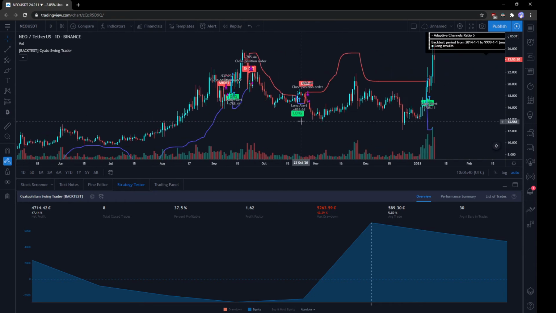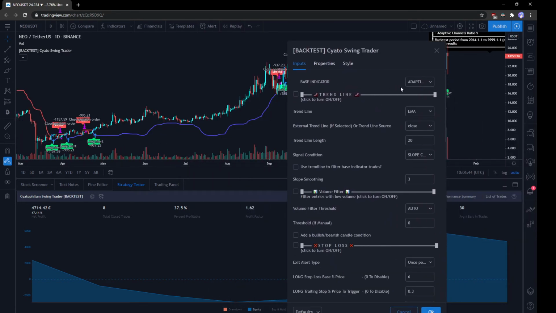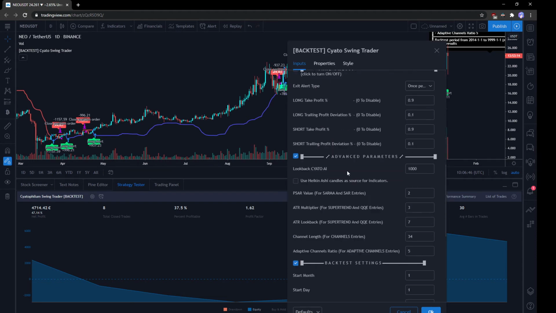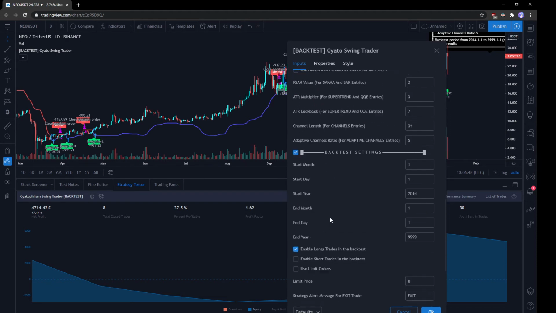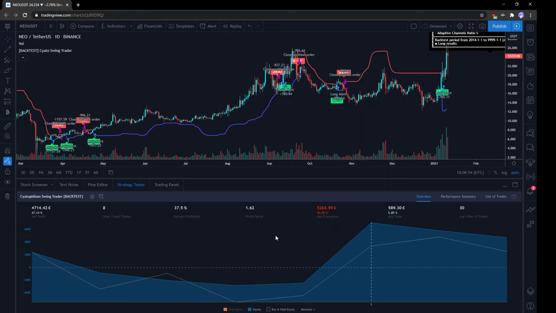So now we just need to find a nice time frame. Here we're going long only. We want to beat buy and hold, so this is the white line here.